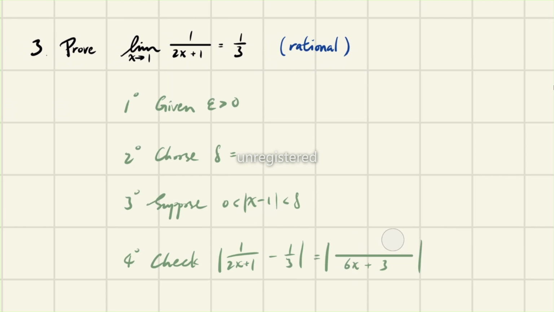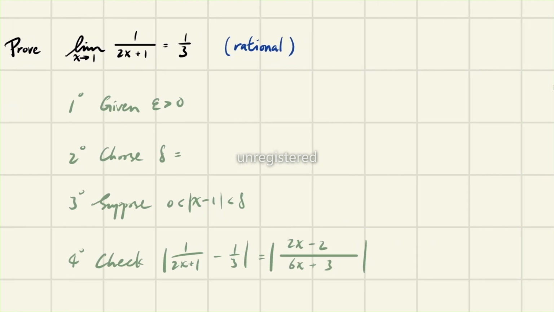But since it's in an absolute value, we can swap the negative. So it will be 2x minus 2. And from here, I can pull out the 2 and 3, and then it will be x minus 1, and below would be 2x plus 1.